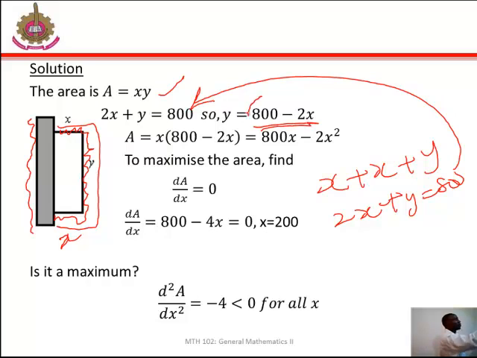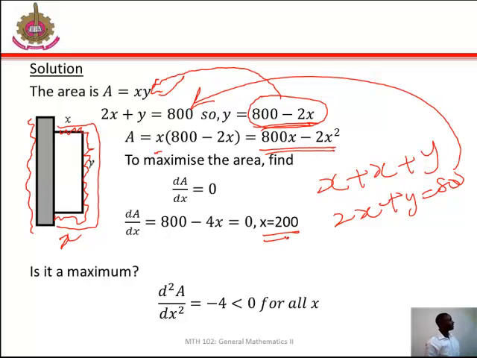So we are now going to substitute this into the expression for the area. That is why we have this particular expression, 800x minus 2x squared. Now, in order to maximize the area, we said our change in area with respect to x will be equal to 0. So from here, we were able to get our value of x to be 200.